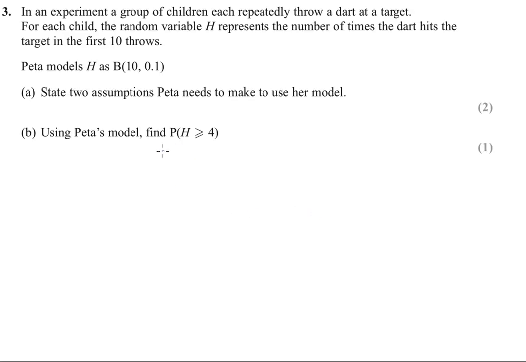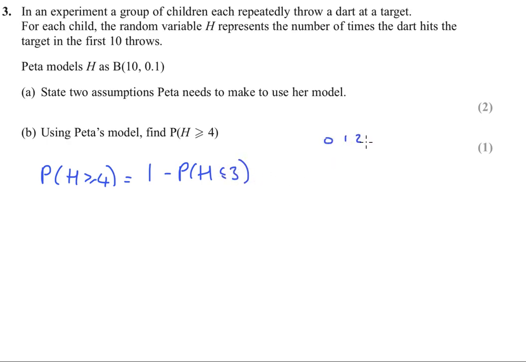Okay, for part B, we're calculating the probability that h is greater than or equal to 4. You've got a couple of ways you can do this. You can use the formula, and if you use the formula, you'd have to calculate 0, 1, 2, and 3, and take that off 1, because if you remember, the probability that h is greater than or equal to 4 is going to be the same as 1 minus the probability that h is less than or equal to 3.